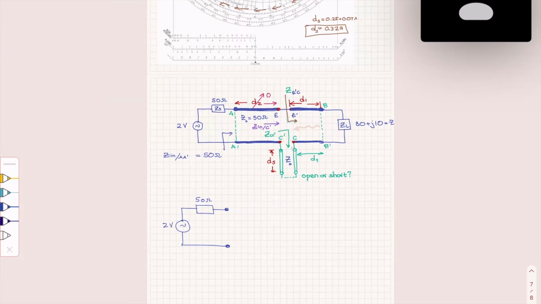I don't have a D2. Then I go directly to the stub, which I decided to make open. I found DS to be 0.32 lambda. And then I have the rest of the line, which is D1.